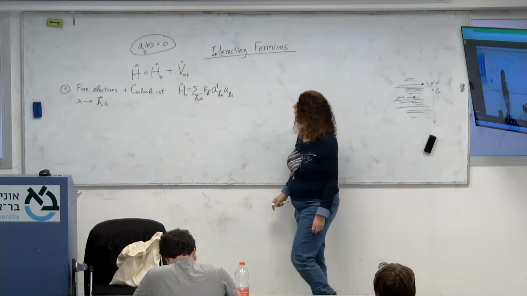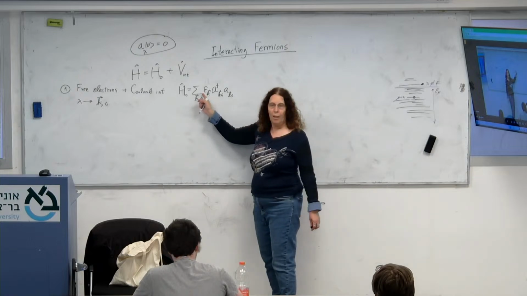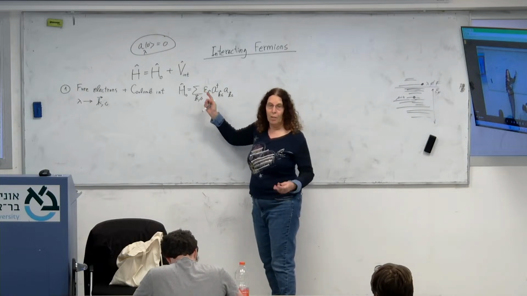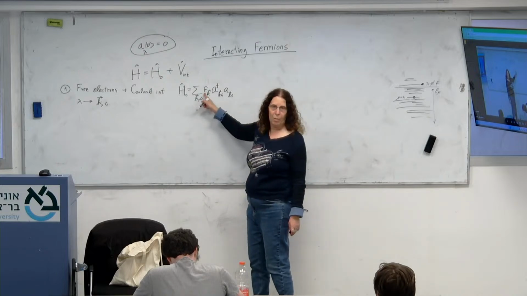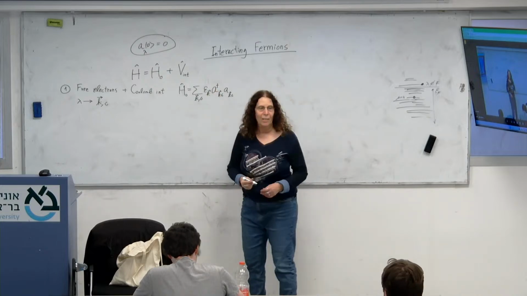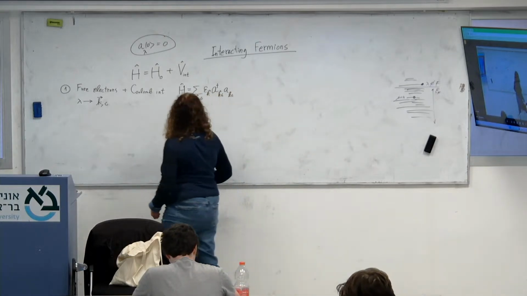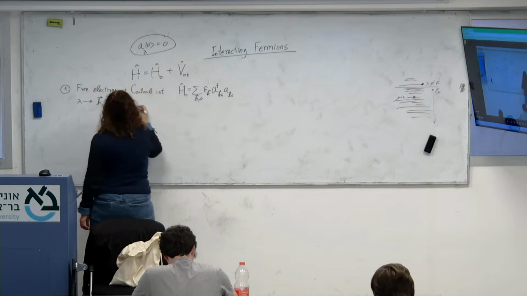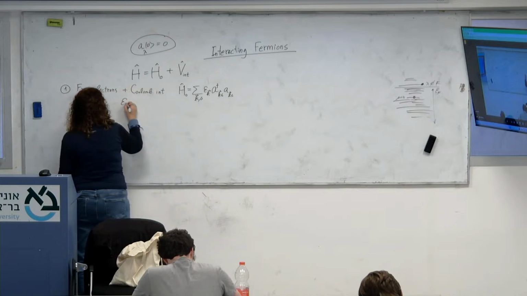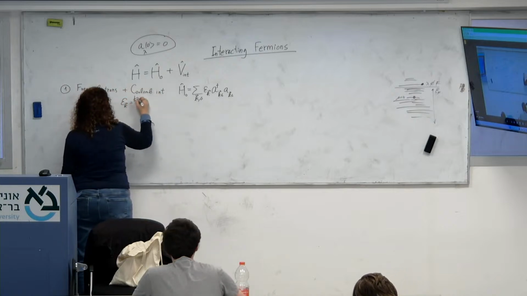And unless there is some external magnetic field that provides the Zeeman effect, epsilon doesn't depend on sigma, but we can of course add very easily a sigma dependent term. And if these are really free electrons, then epsilon of k is just the kinetic energy.